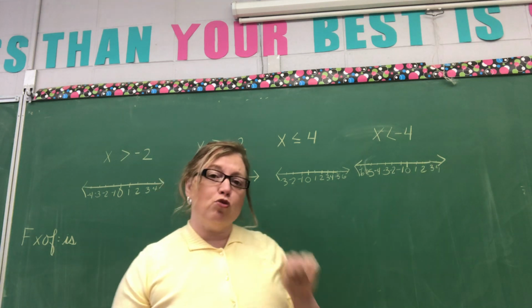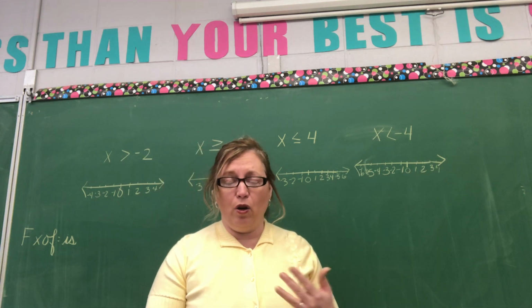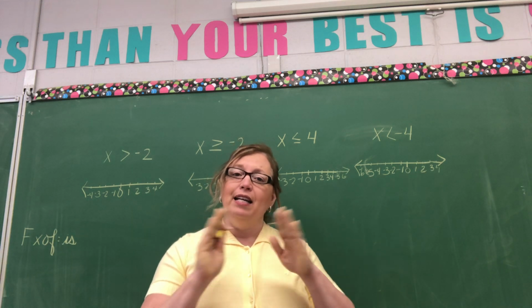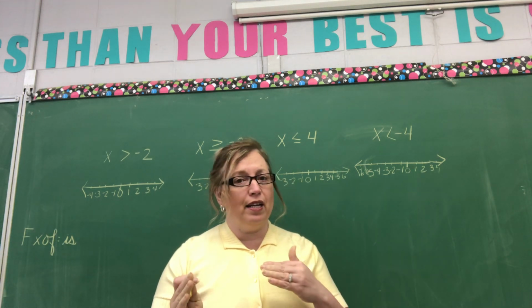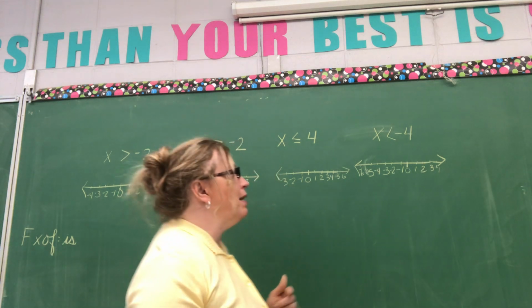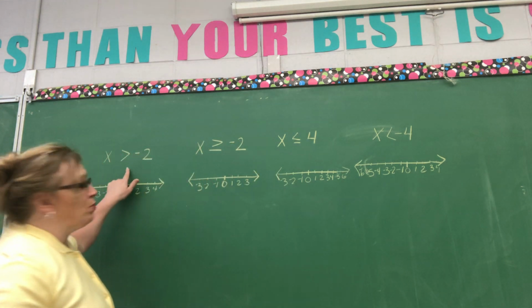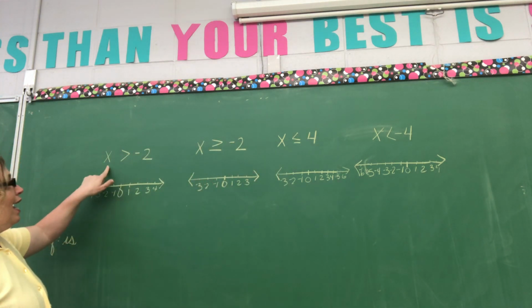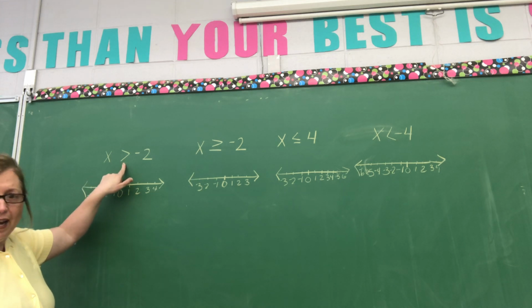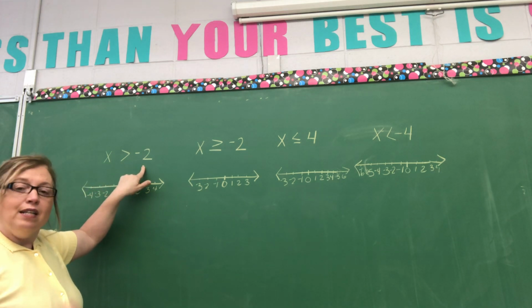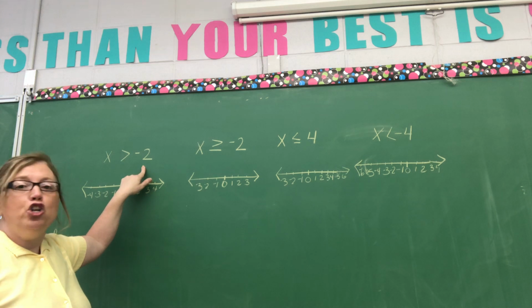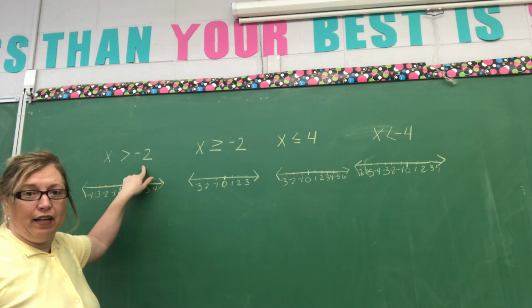Now, when we are graphing an inequality, we have to say, is it equal or is it not equal to it, okay? Let's look at this one first. It says x is greater than negative 2. Does it equal negative 2? No, it's greater than negative 2.